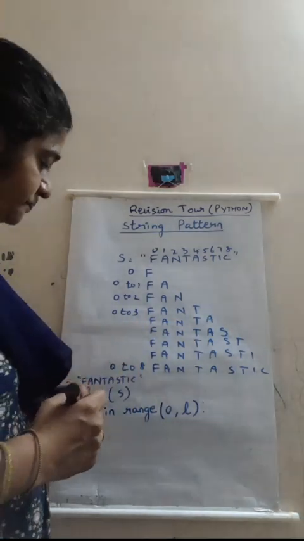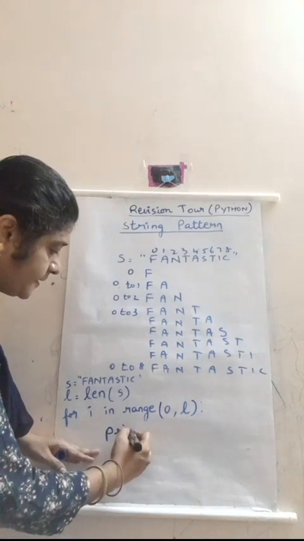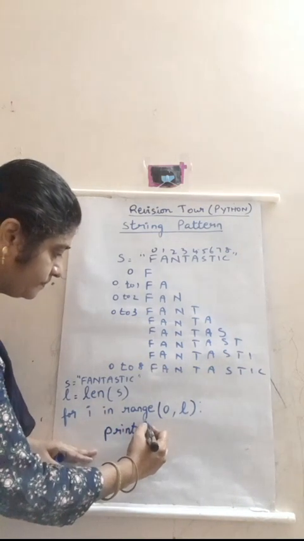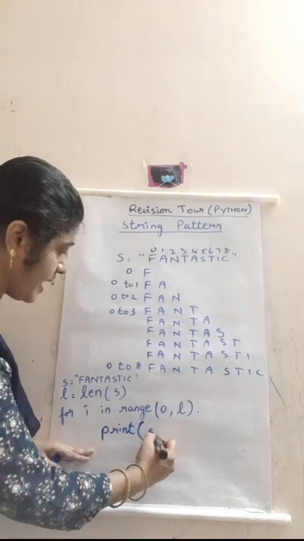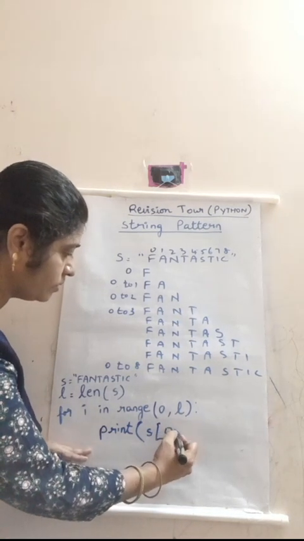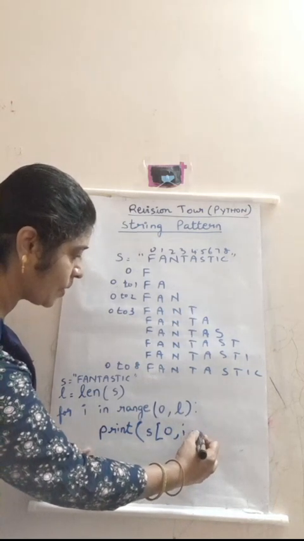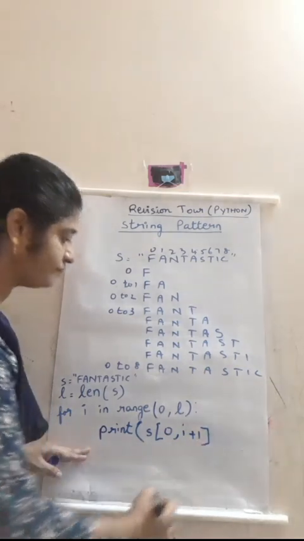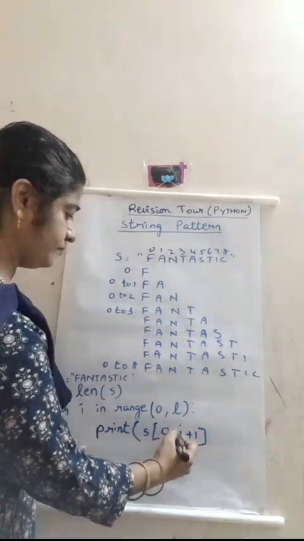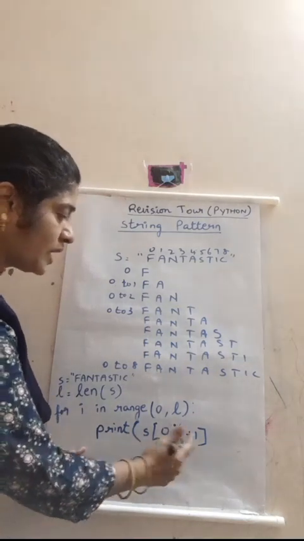You have to write print s of colon 0 to I plus 1.